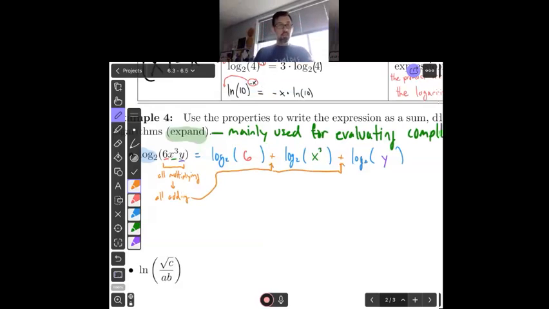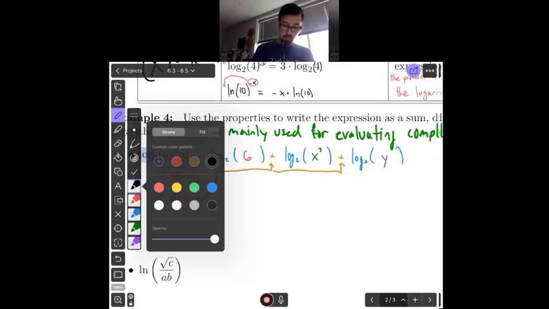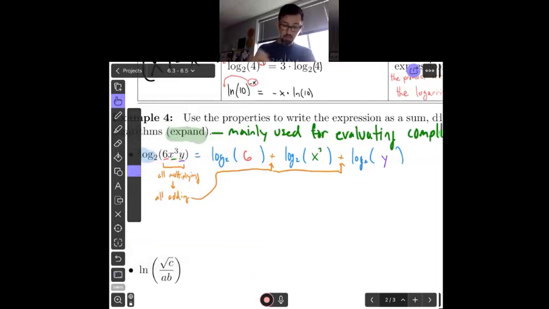That makes sense. 6 times x cubed times y. So that's log base 2 of 6 plus log base 2 of x cubed plus log base 2 of y. All the multiplication got turned into addition of a separate log.